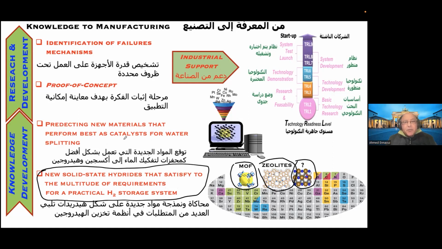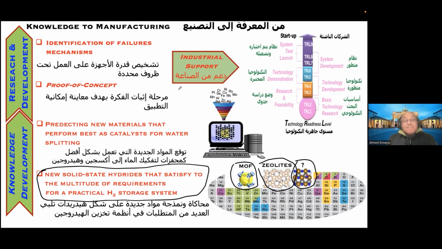By predicting new materials, you gain time and money instead of working with some materials which are far away from the topic. You can do some calculation, find some material, and try this experimentally.